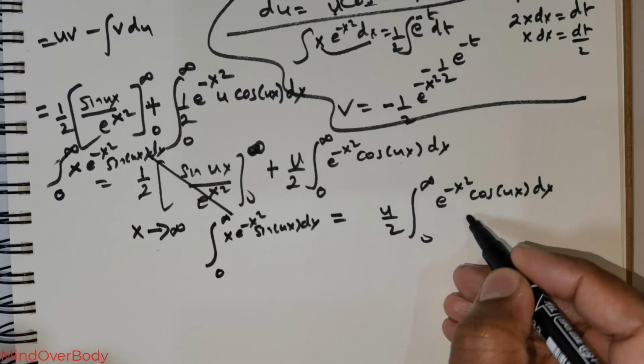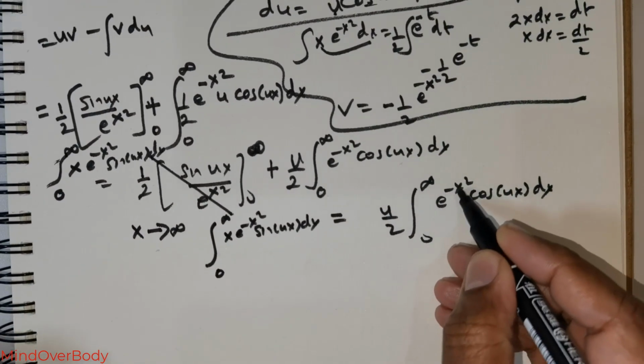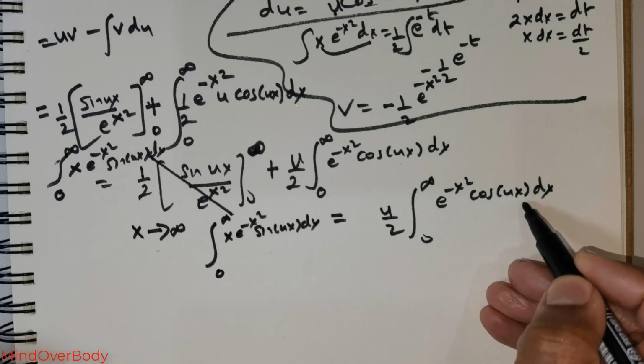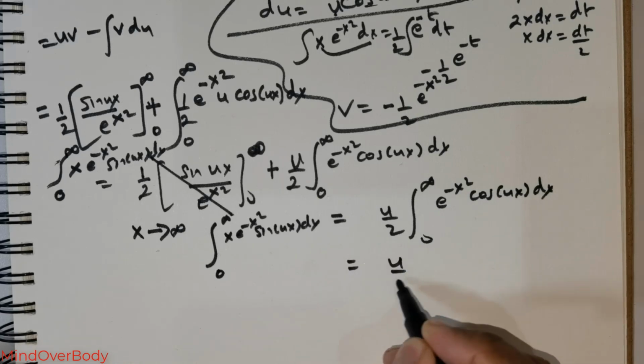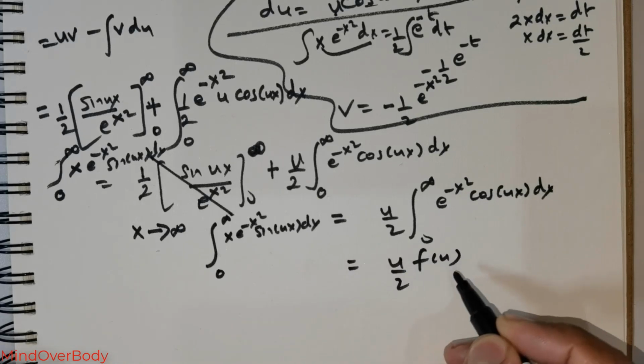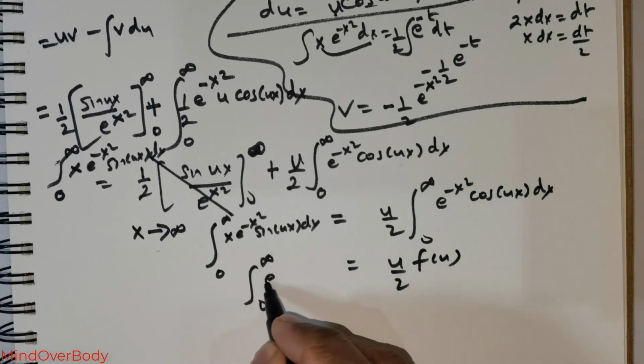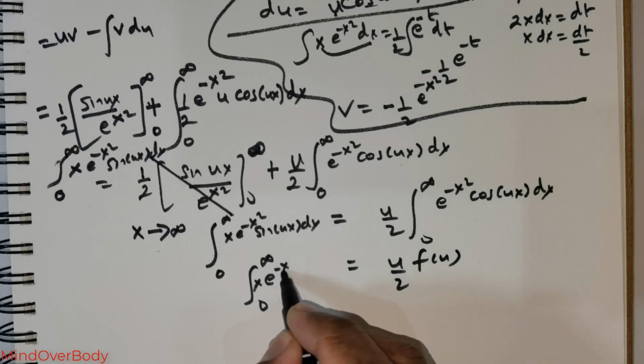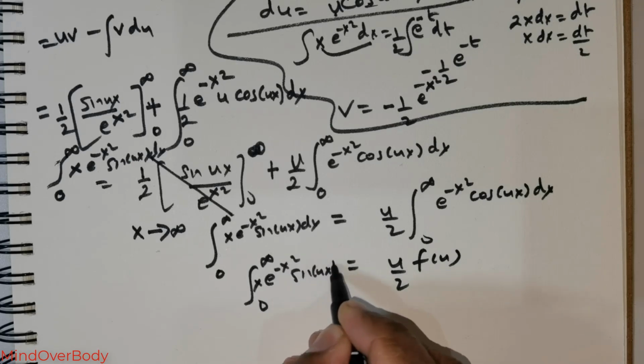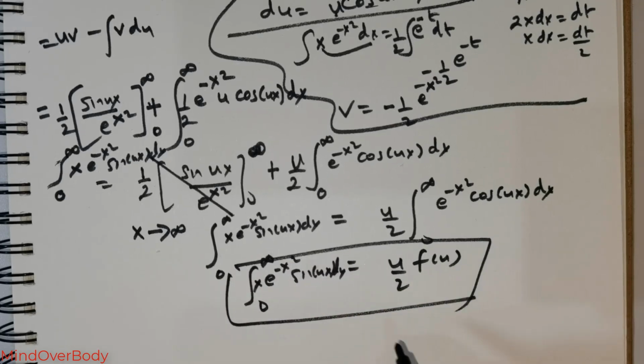So we have got integral 0 to infinity e raised to the power of negative x squared cos of ux dx equal to u over 2 times f of u. And on the left I got integral 0 to infinity x times e raised to the power of negative x squared sine of ux times dx. So this value is obtained.